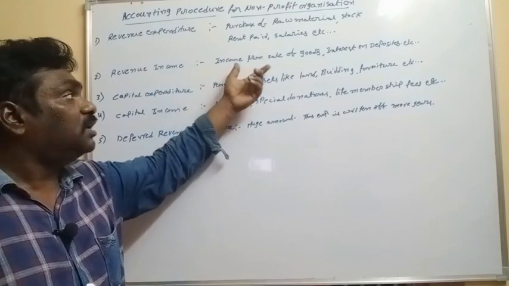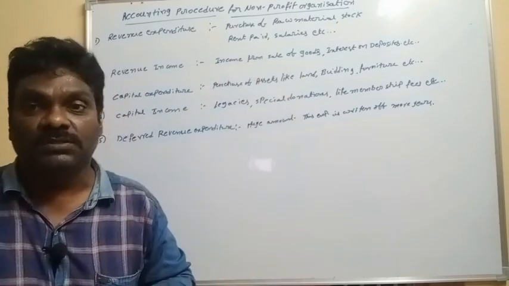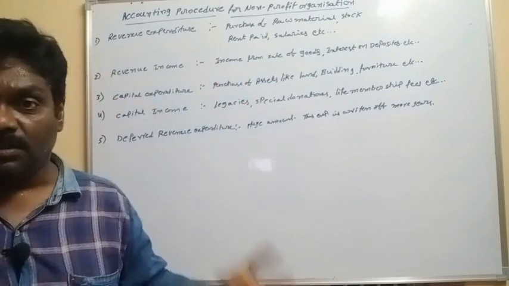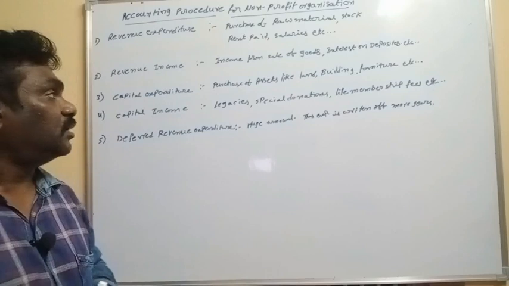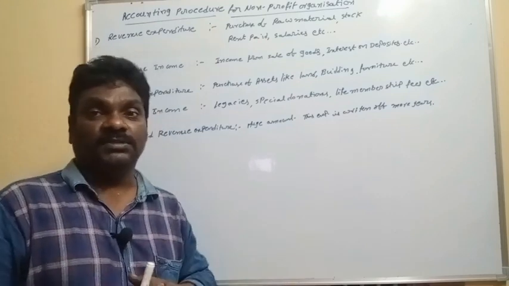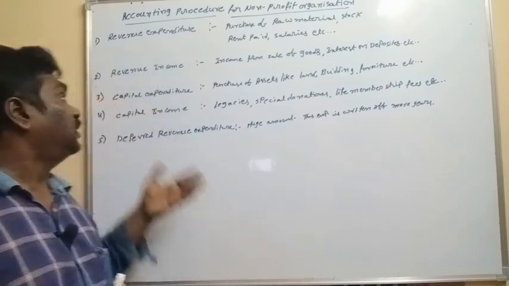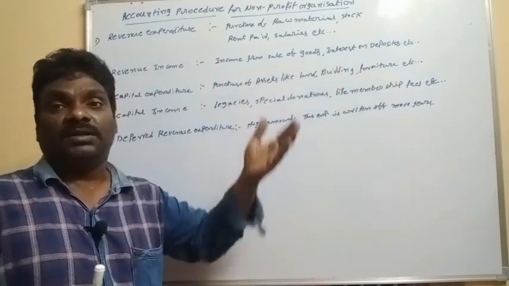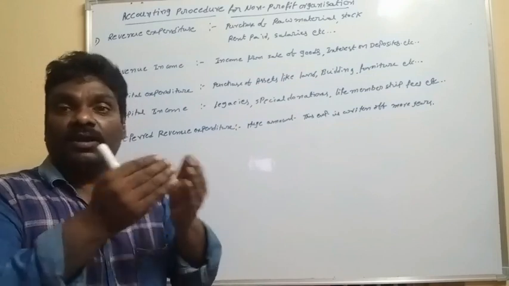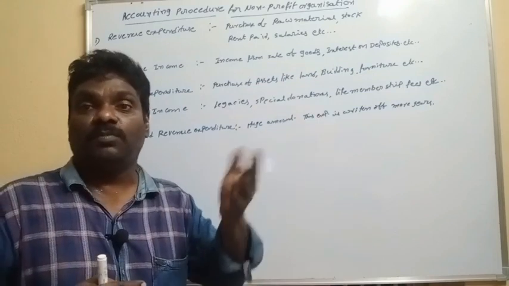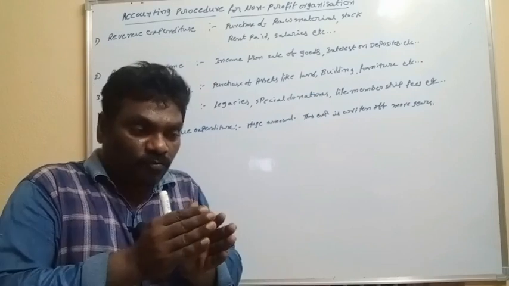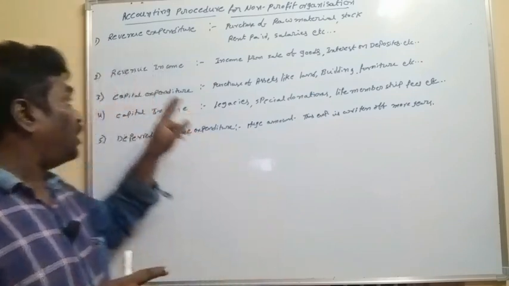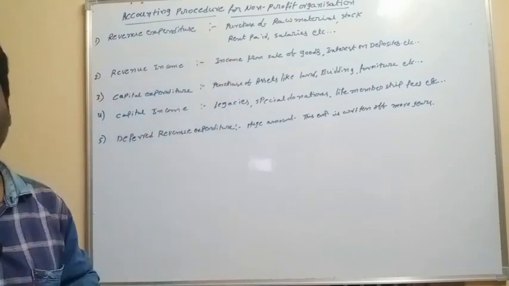For example, income from sale of goods, interest on deposits, interest on investments, and dividends. Dividends are received every year based on the organization's profits. That is a one-year benefit, one-year income only. That income is revenue income.